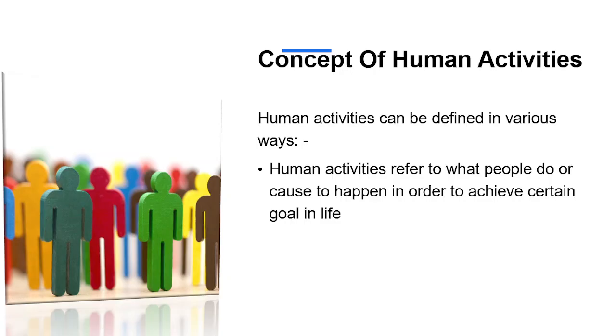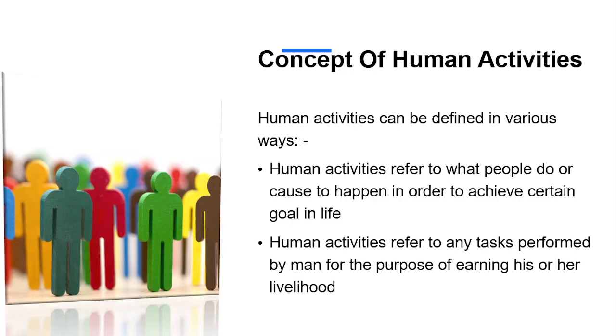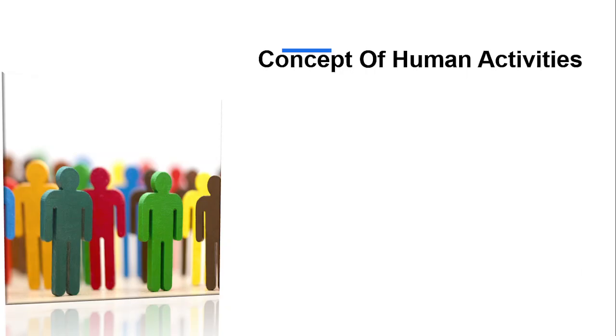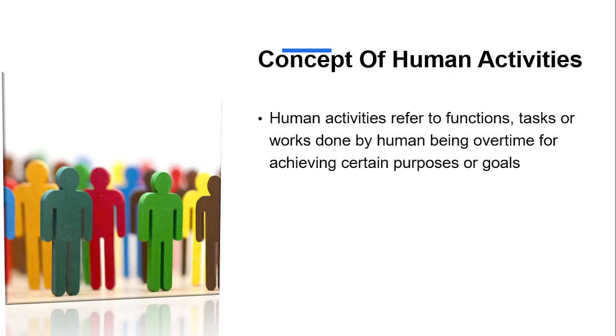Also, human activities refer to any task performed by man for the purpose of earning his or her livelihood. That's the other way you can define human activities. Also, human activities refer to the functions, tasks, or works that are done by human beings over time for achieving certain purposes or goals. So these are just definitions of human activities.